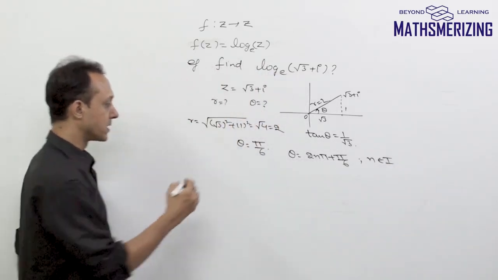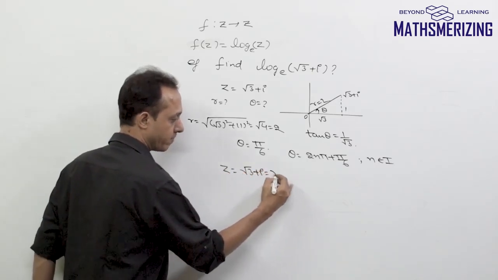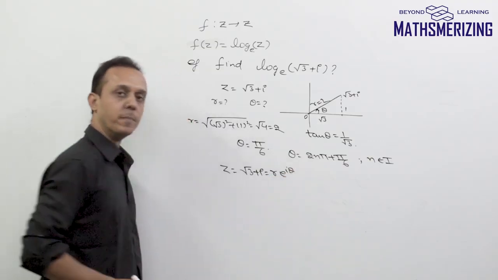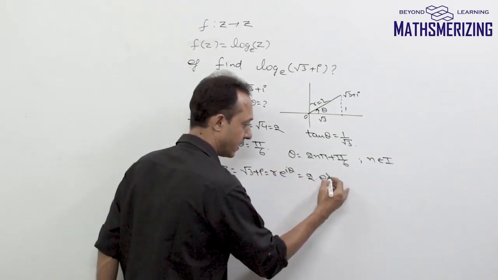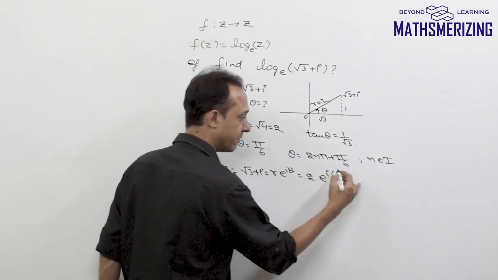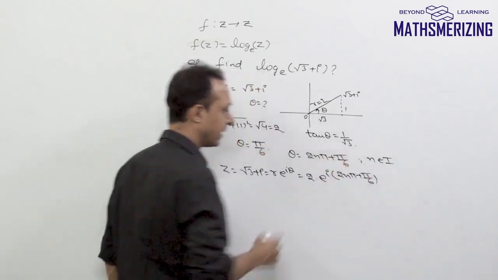So I can write this complex number z, which is root 3 plus iota, as r into e to the power iota theta. R in this case is 2, and theta we have taken as 2n pi plus pi by 6.